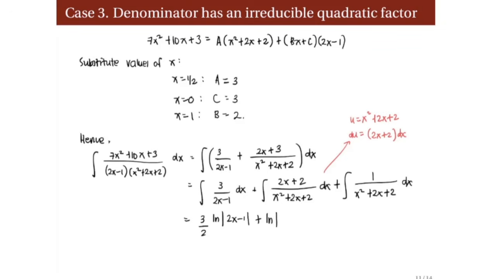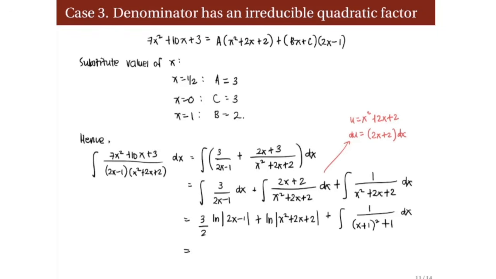So, that would be ln absolute value of x squared plus 2x plus 2. And then plus, you have here the integral of 1 all over, completing the square, this is x plus 1 squared plus 1 with respect to x. So notice here, na kapag nag-substitute ka ngayon ng x plus 1, yung form niya is 1 over u squared plus a squared. So, recall from Math 21 na mag-give rise yan to a tangent inverse.